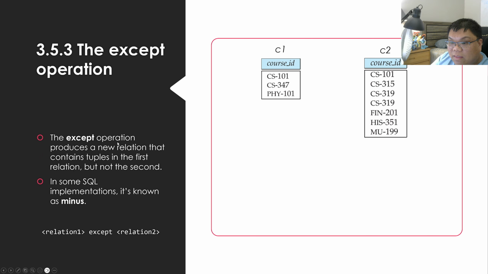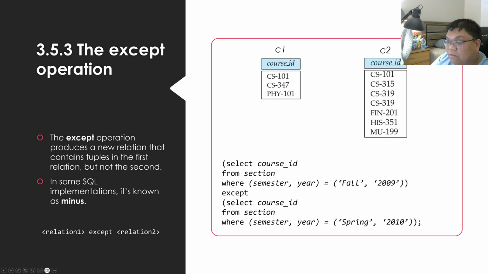Except is also known as minus in some implementations. So we can perform C1 except C2 by performing this query. And what this does is, we find the tuples that appear in the first relation that don't appear in the second relation.